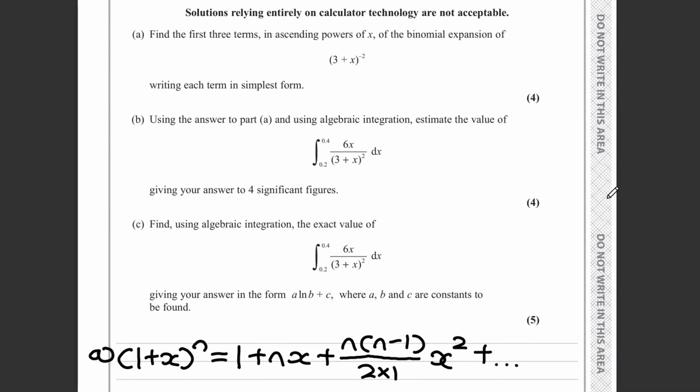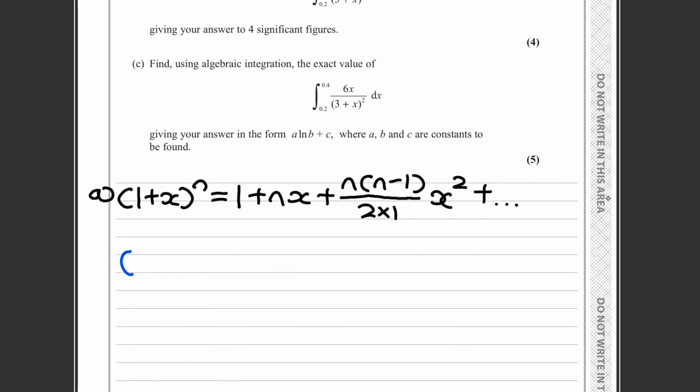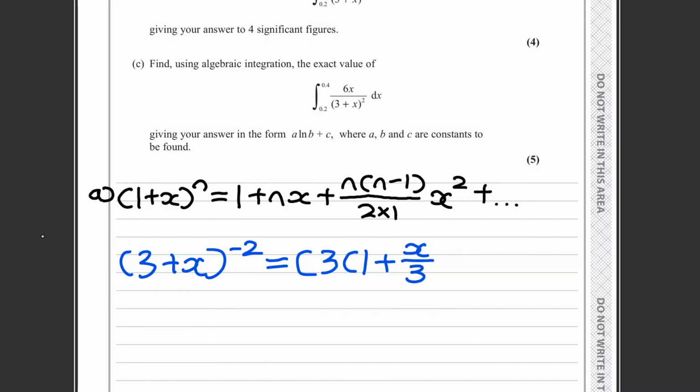So at the moment, we have this 3 plus x to the power of minus 2. Now, this is not in this format here, because here we need a 1, but at the moment we have a 3 here. So what we're going to do is factorize out the 3 from this. So if we factorize out 3 from 3 plus x, it's now going to be 3 times 1 plus x over 3, like this here.